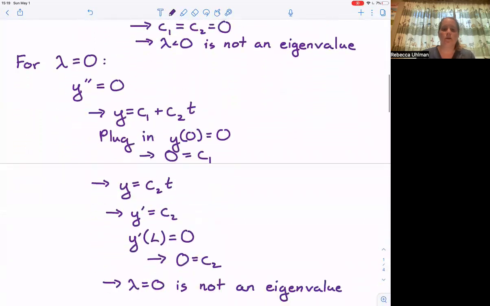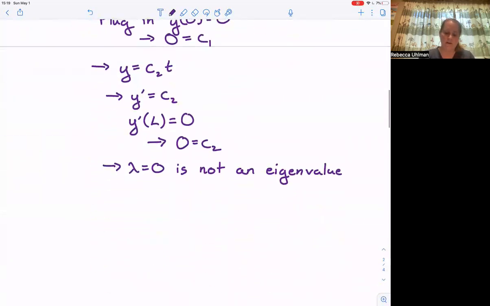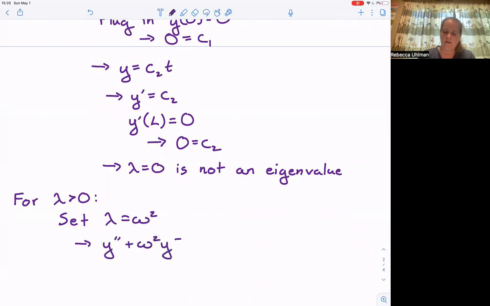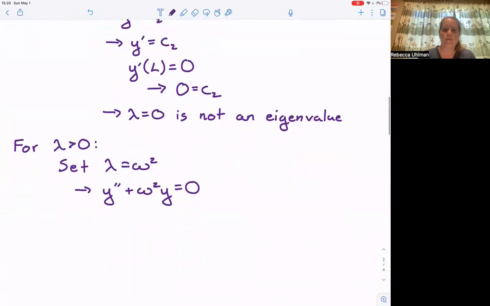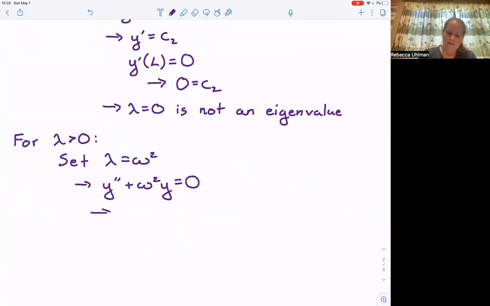If we now take a look at the case where lambda is greater than 0, again, we'll go ahead and set lambda to be omega squared. Then we have y double prime plus omega squared y is equal to 0. This tells us that we have general solution y is equal to c1 cosine of omega t plus c2 sine of omega t.